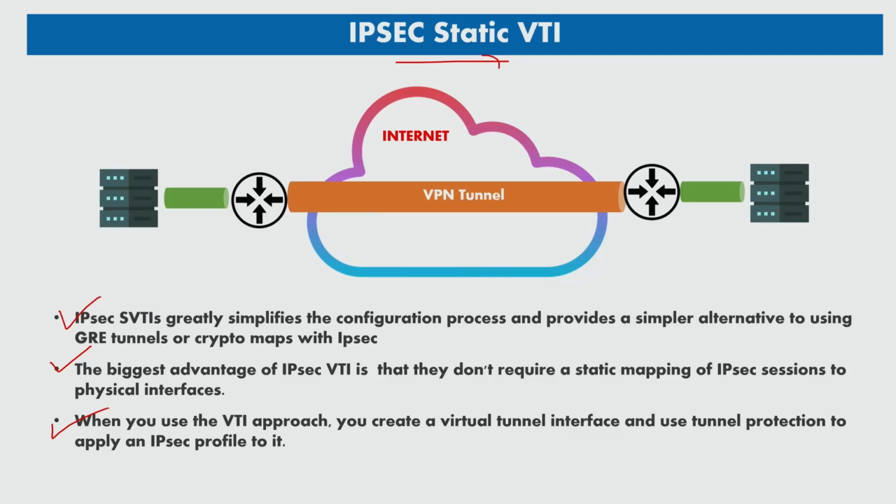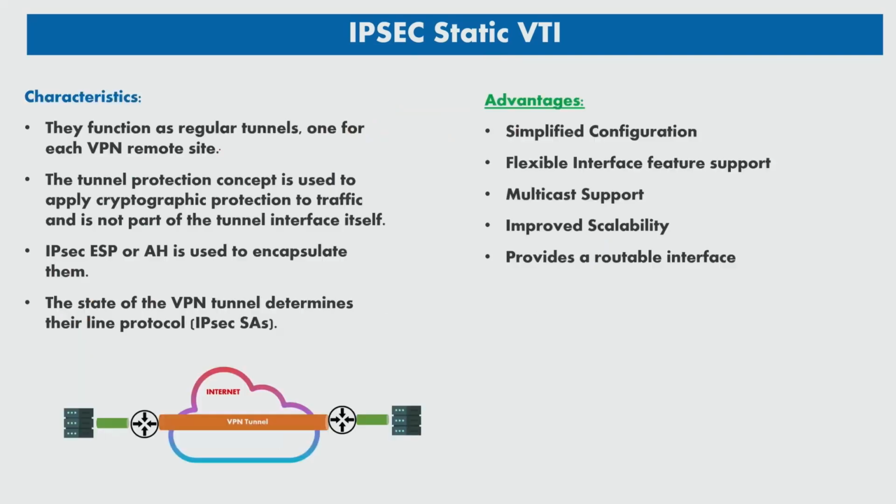A VTI allows interface commands to be applied directly to IPsec tunnels and supports native IPsec tunneling. A virtual interface is associated with the IPsec tunnel endpoint, and because the tunnel endpoint is a routable interface, many common interface capabilities can also be applied to the IPsec tunnel. Interoperability with other vendor standards-based IPsec installations is supported by VTIs.